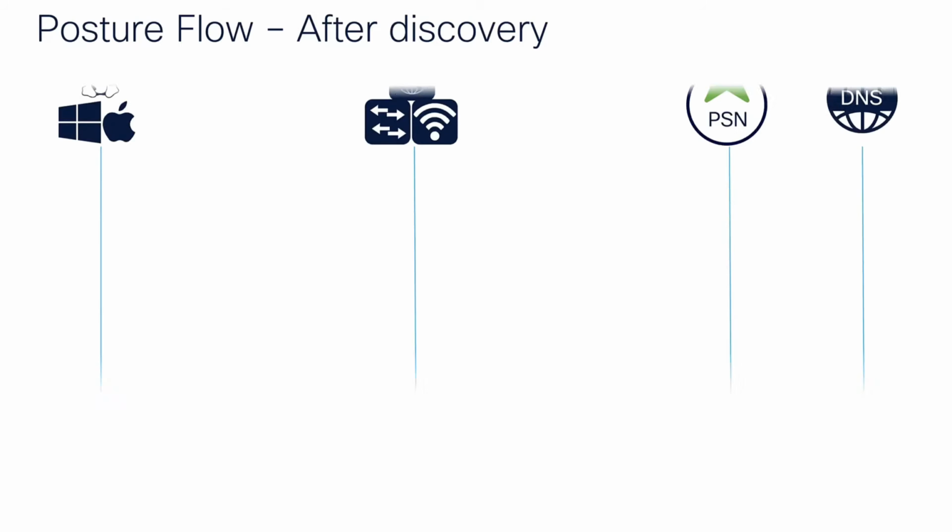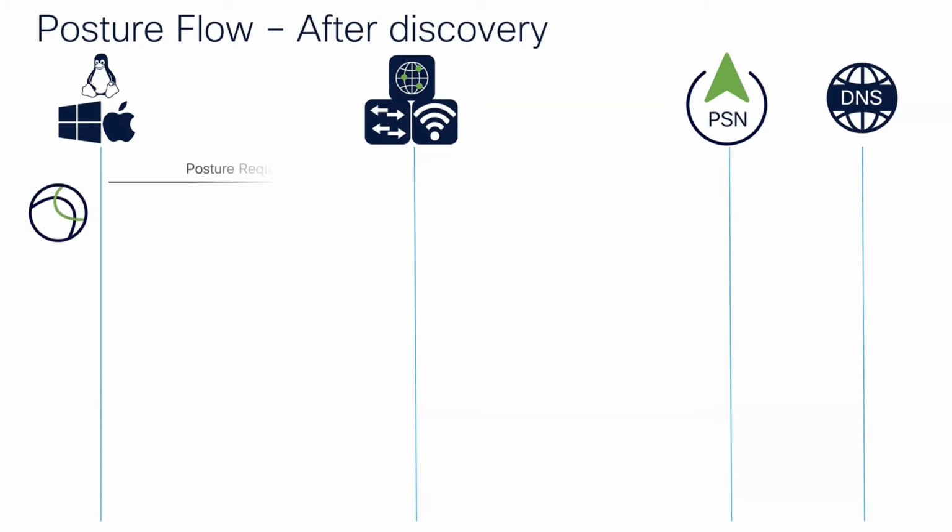So imagine the situation. I already have the Cisco Secure Client deployed on the endpoint, and it has discovered the PSN that it is supposed to contact. Once it has discovered the PSN that it is authenticated with, what exactly is it going to do? It's going to send the posture request to that PSN.